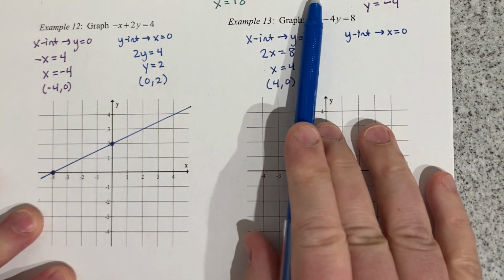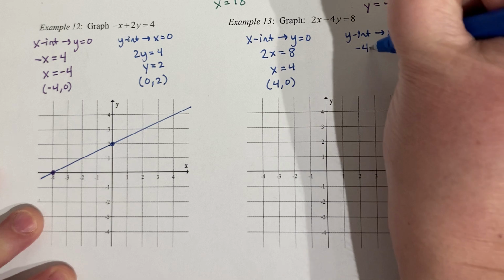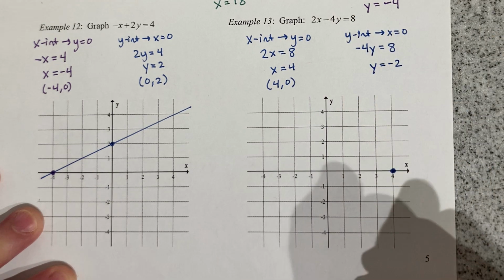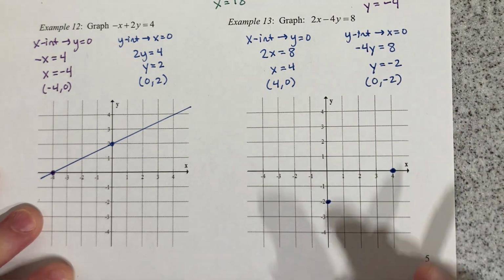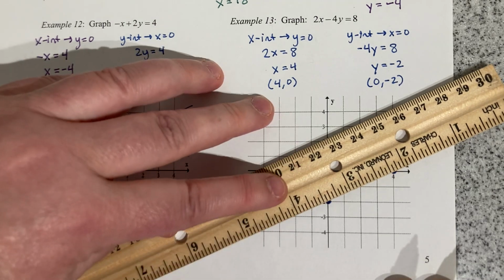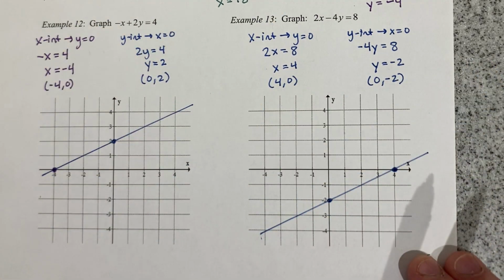So if x is gone, make sure the negative is still with that 4. Negative 4y equals positive 8. So y is negative 2. So it's the point 0, negative 2. Down here. And then we just connect these 2 points. Make sure it looks decent. Lovely.